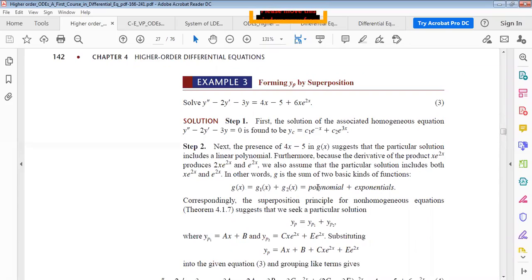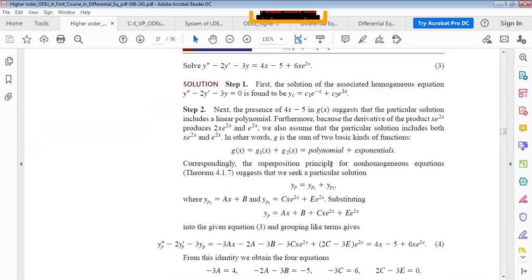The first function will be a polynomial and the other an exponential function. Now corresponding to the superposition principle for non-homogeneous equations, we seek a particular solution yp = yp1 + yp2.